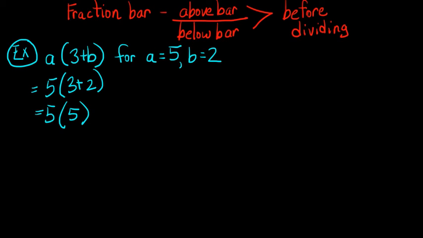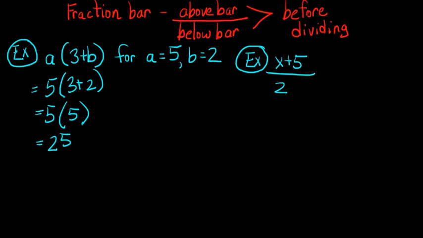Alright, here is another example. I'll put it over here. X plus 5, all divided by 2 times 3. And I'm going to tell you X equals 7. So all I have to do is substitute that in.